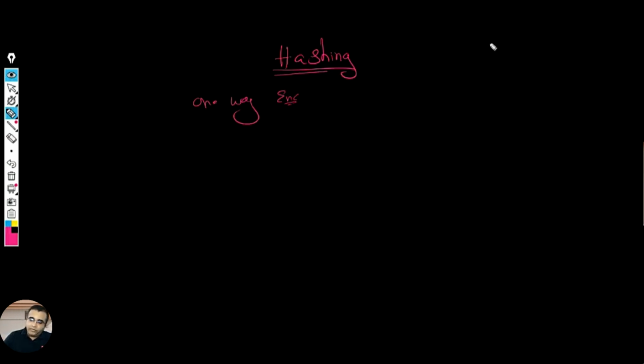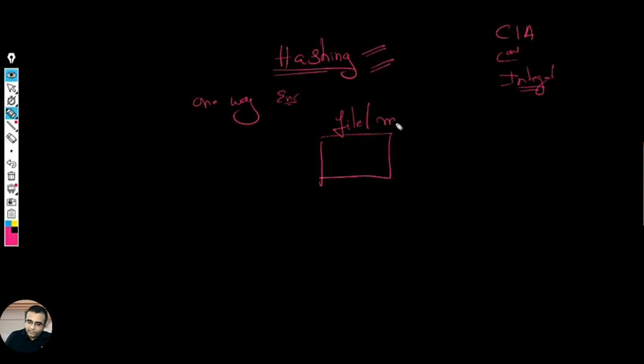But there's one more thing, you remember it is CIA: confidentiality, integrity. How do you know if the message has been modified in the middle? We have to know that. And for that, they use something called a hashing method. They will take a file, or a message, or anything, and pass it through a cryptography process called hashing.